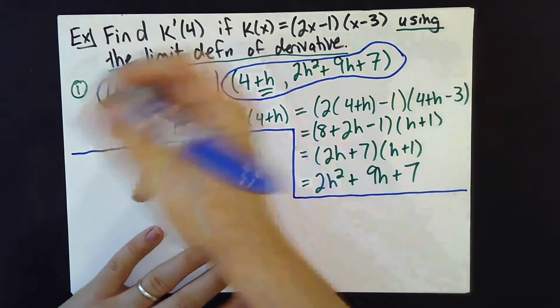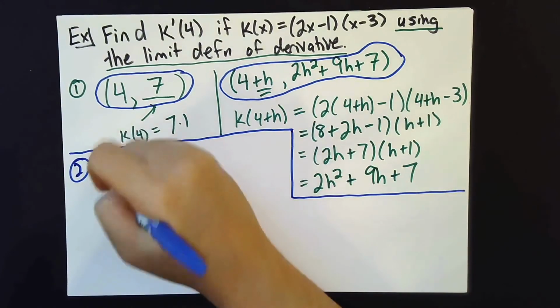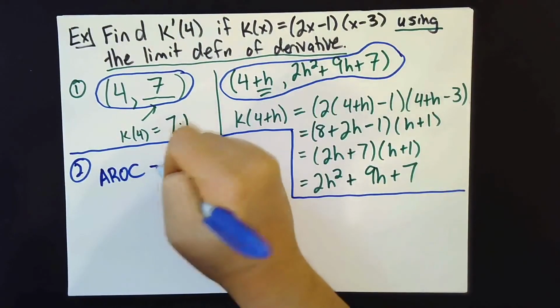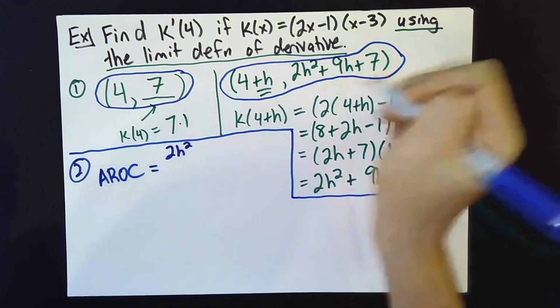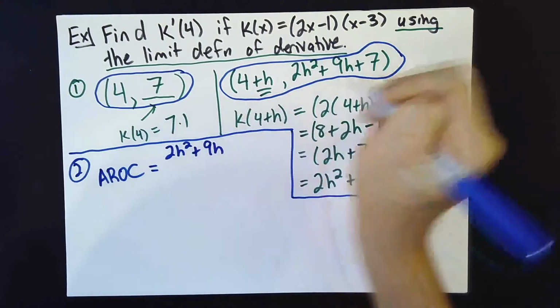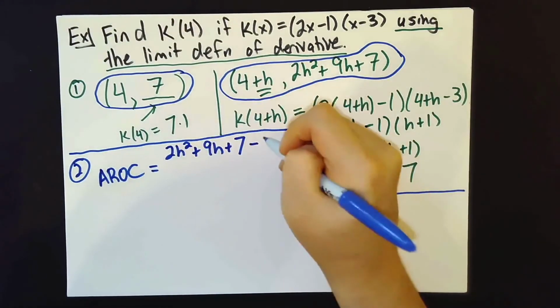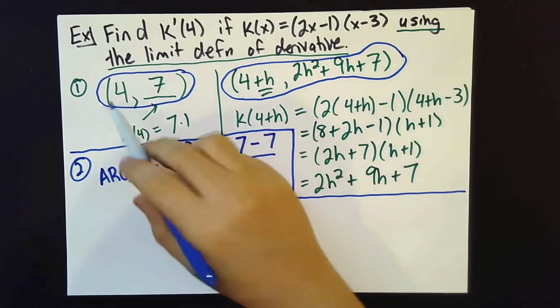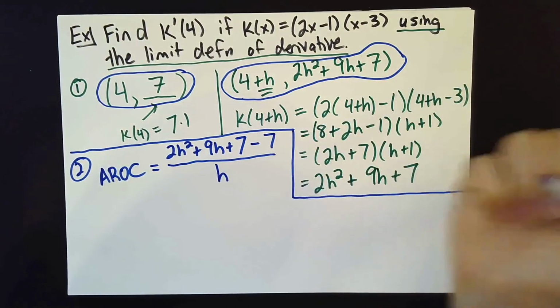Step 2, I'm going to go ahead and calculate the slope between these two things, which I'm going to label as the a rock, but whatever you like. And so this is going to be 2h squared plus 9h plus 7 minus 7. And remember here it's 4 plus h minus 4, but as I said before, the denominator here is always going to be h.